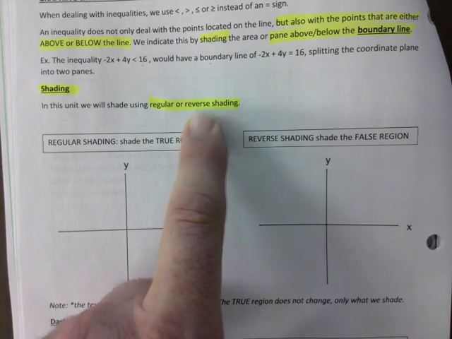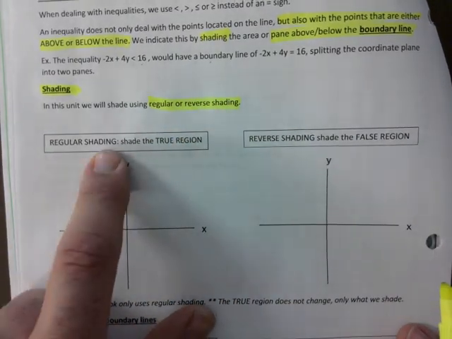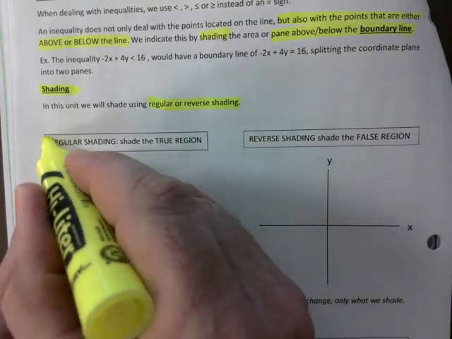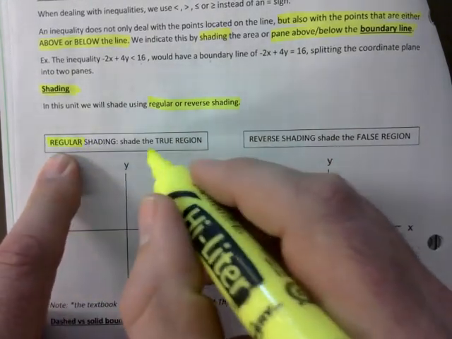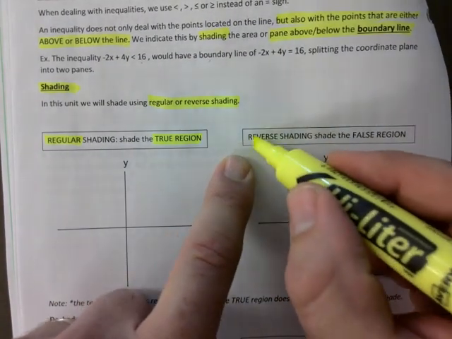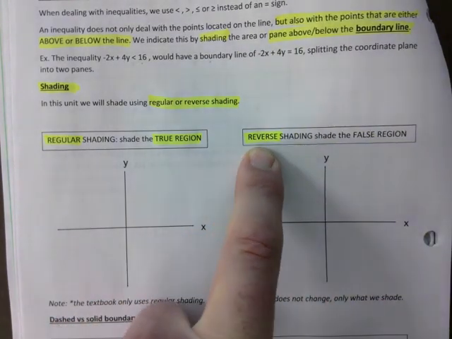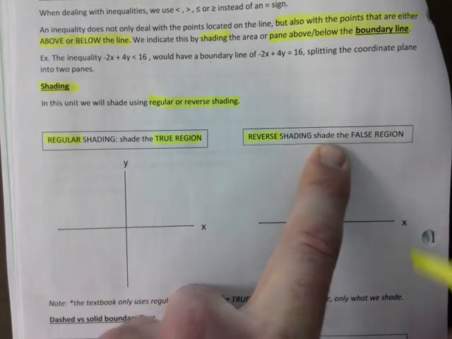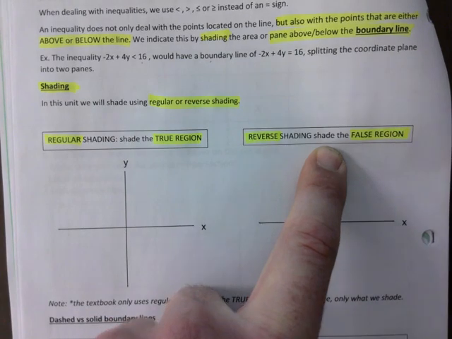But you'll see why I use reverse shading a little later. But regular shading, right? When you think of regular shading, you shade the true region. Okay? When you do reverse shading, if that's what you're asked to do, you will shade the false region.